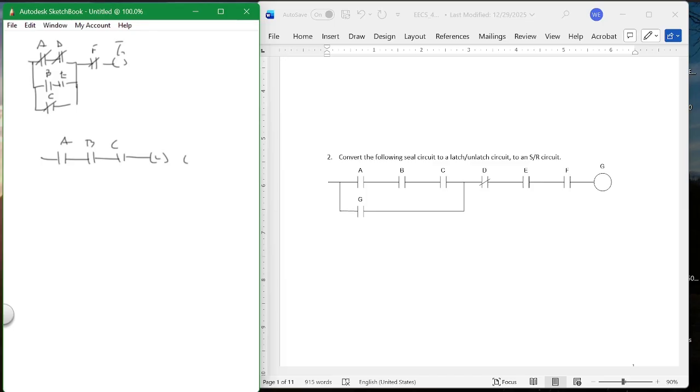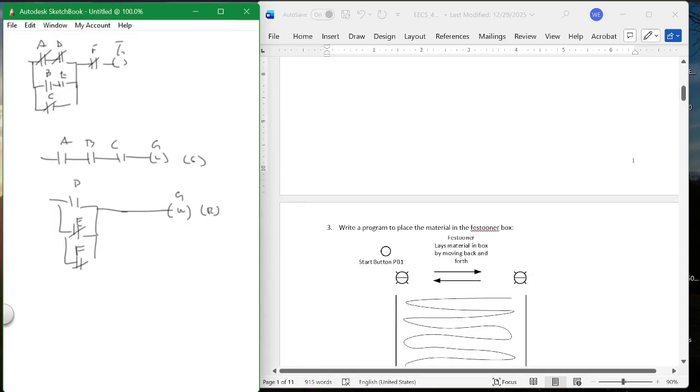It'd either be a latch or a set, either way, and the coil's name would be G. And now the other side would be the stop part, and it's ANDed, so it would be ORed, so it would be D or E naught or F naught. That would be the unlatch or the reset of G. Same thing.